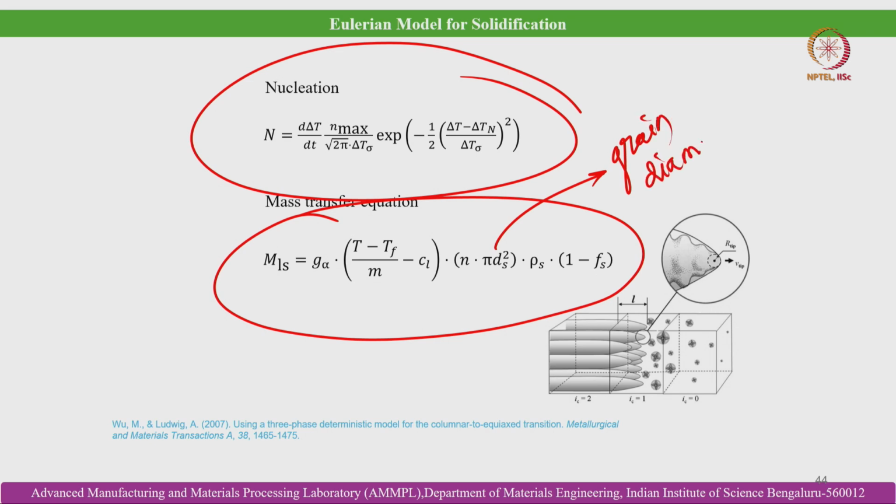In this study we have evaluated the grain diameter of both the primary solids, that is Mg2Si and also alpha aluminium, separately. However, for simplicity it is only shown for one solid phase, multiplied by solid density into 1 minus Fs. 1 minus Fs is nothing but Fl, because we know that Fl plus Fs is equal to 1.